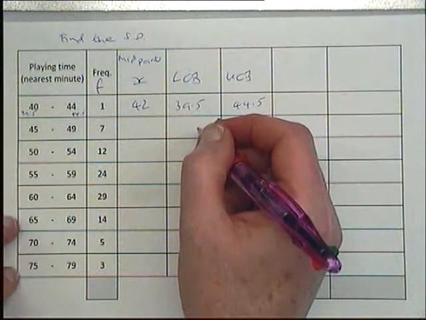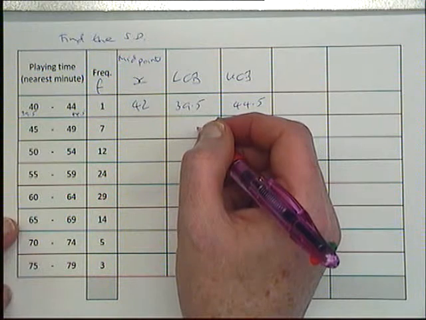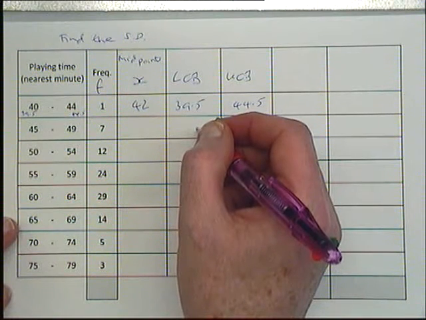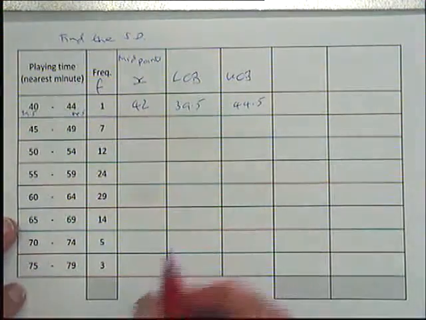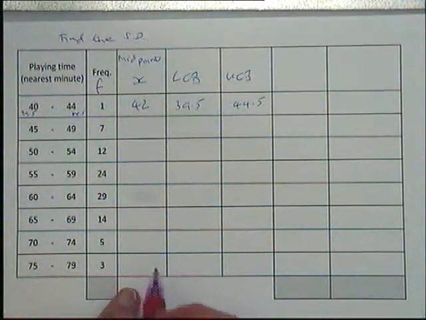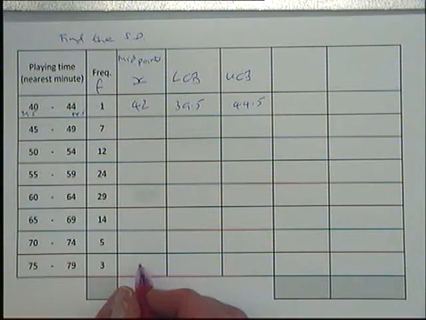So just going down to the last one. I have no idea whose turn it is to nominate anybody, so I'm going to ask. You nominate somebody for me, Casey. The bottom one down here, Casey, what's the lower class boundary, what's the upper class boundary? 74.5.